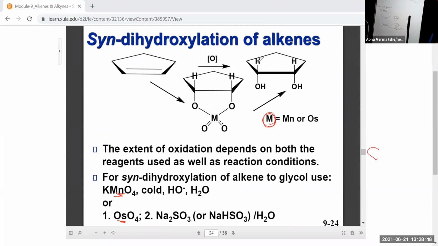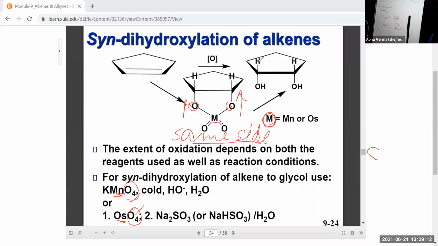Both of these metals have 4 oxygens on them, so they can be added across the alkene. With this metal ion, both the oxygens add from the same side.